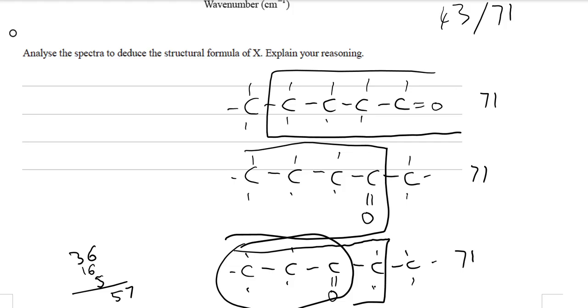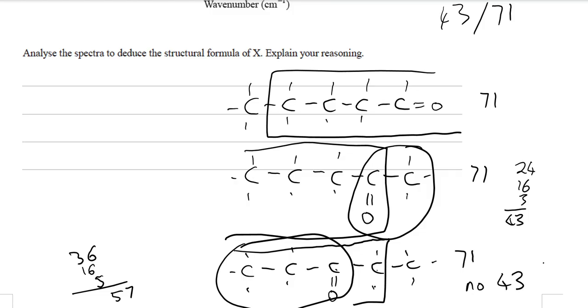So let's see if we can find something that has 43. So let's look at this here. We've got 24 plus 16 plus 3. That gives me 43. I find a 43 on this one. 36, 40, 52. So I can't find 43.